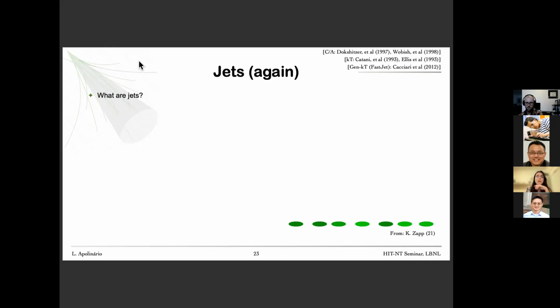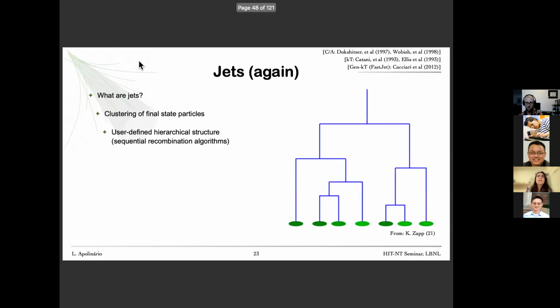We only grab the final state particles and try to cluster them with a given recipe, until we have this macrostructure that we call a jet. It is nothing but a hierarchical structure that we build from a user-defined recipe.